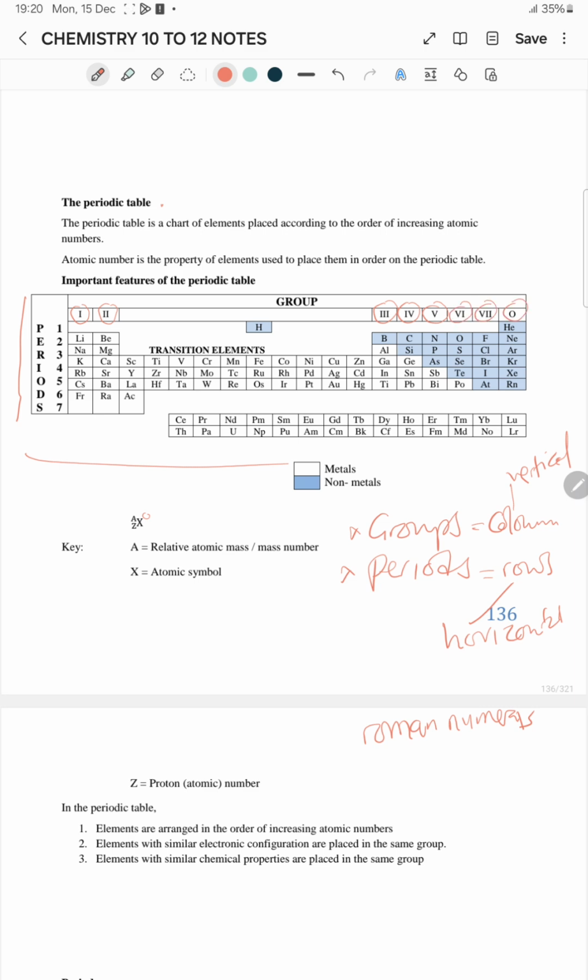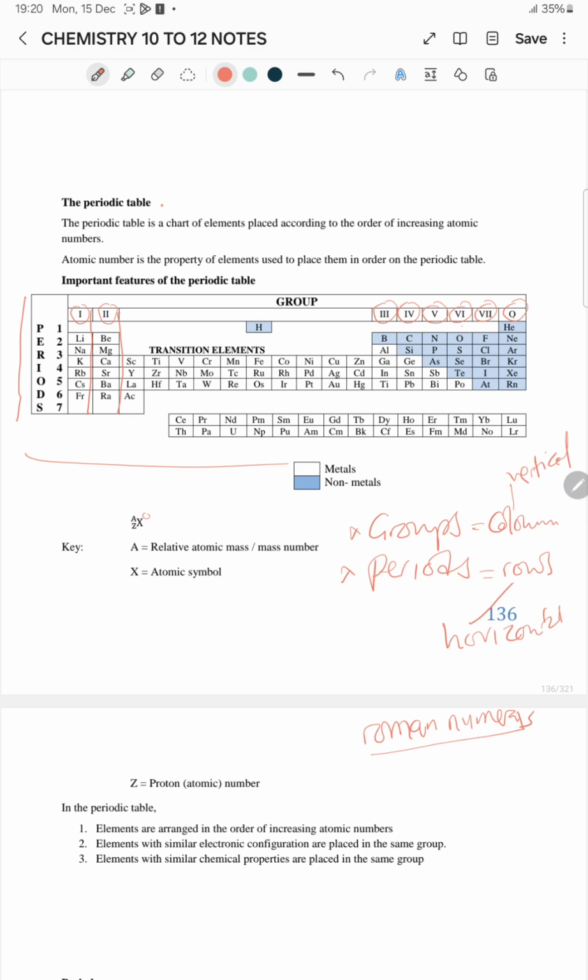So when you're talking about groups, it is columns. These are what we call groups. We have group 1 to group 8, or group 0 if you like. So those are the groups, and you label them using Roman numerals.